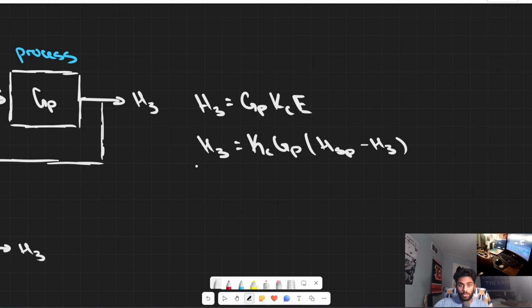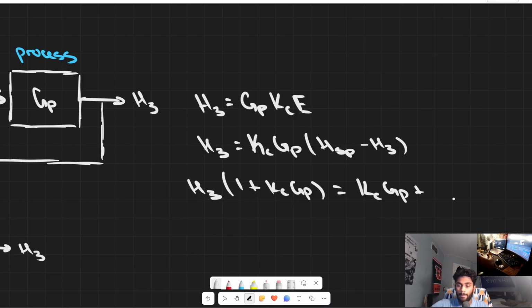So now if we were to multiply this out, what we would have is H3 times 1 plus KCGP is equal to KCGP times HSP.